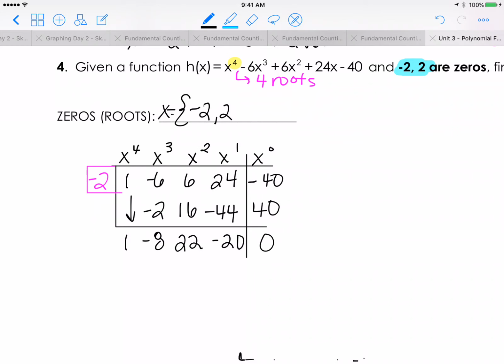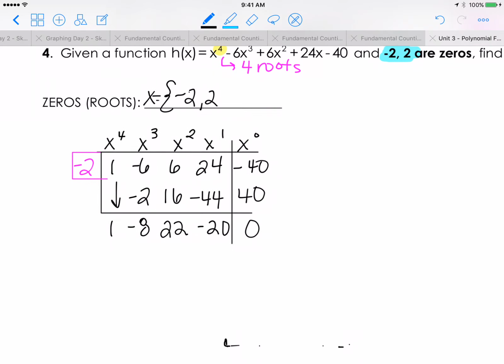So if I didn't get a 0 at that very end, I would know that I have done something incorrect. I have not solved this completely correctly. I have either forgotten a number up top here, or I did not do my math right. So now this depresses this down to a cubic.